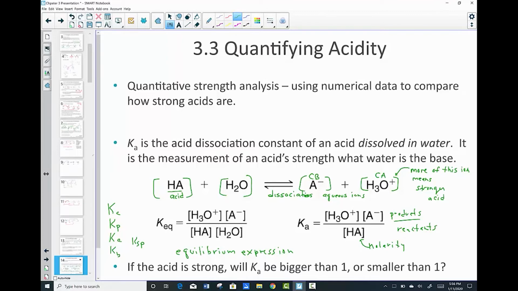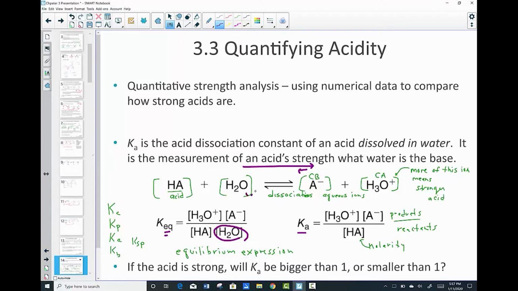What would that do to the Ka constant? By the way, do you see how Keq incorporates the water concentration here, and the Ka eliminates the water because it's a pure liquid? Do you remember learning pure liquids and pure solids fall out of Ka expressions or Kb expressions, K expressions in general? So because it's a pure liquid, it dropped out. We get the Ka expression.